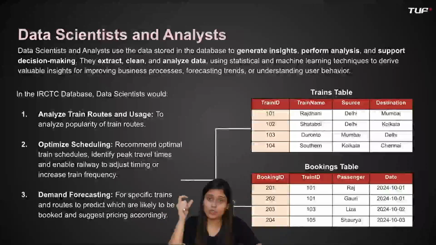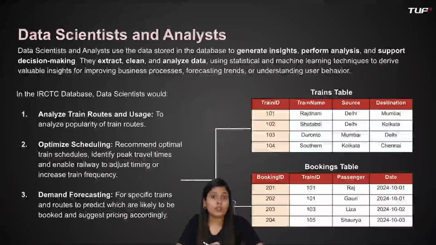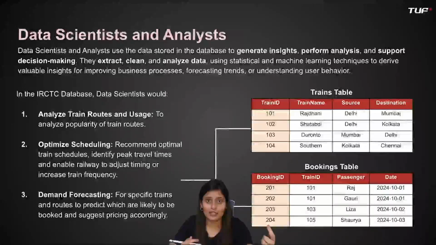On such routes, the number of users requesting the train route is huge. So they analyze the train routes based on the popularity and usage. Because the routes are fewer and the number of users requesting the route is more, the main concern is how we are managing the traffic there.